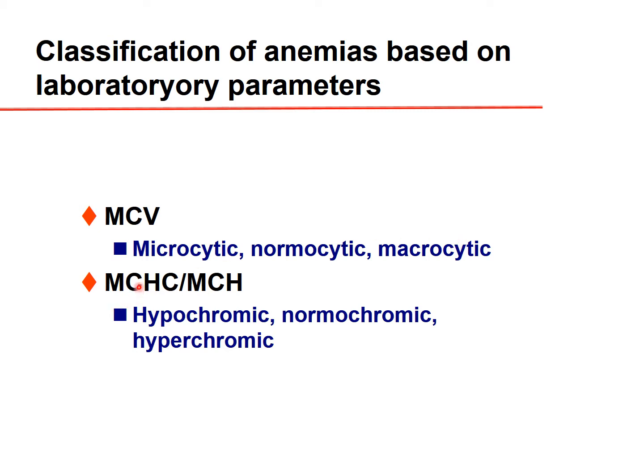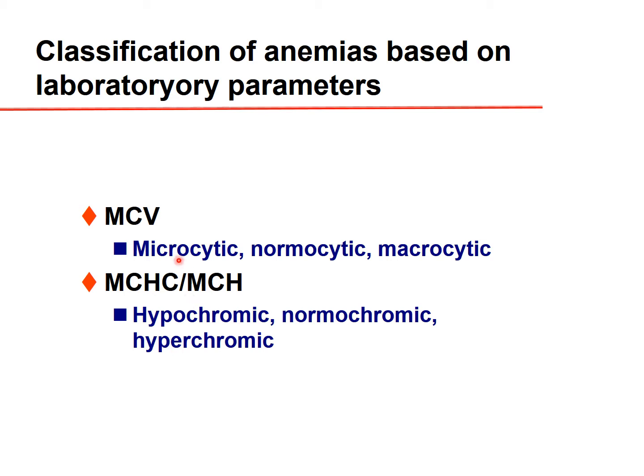Based on the hemoglobin content or concentration of the red blood cells, we will talk about hypochromic, normochromic, and hyperchromic anemias. When we have less hemoglobin, that's hypochromic. When we have a normal amount of hemoglobin inside red blood cells, that's normochromic. And when we have more hemoglobin in one red blood cell, that's called hyperchromic anemia.